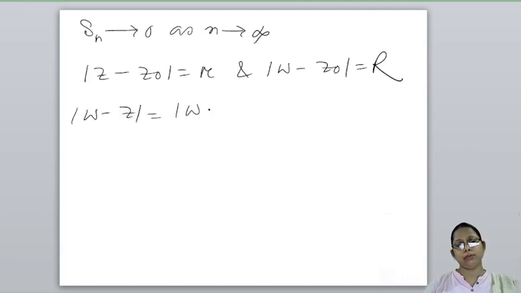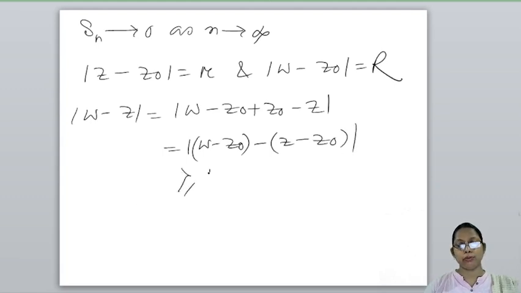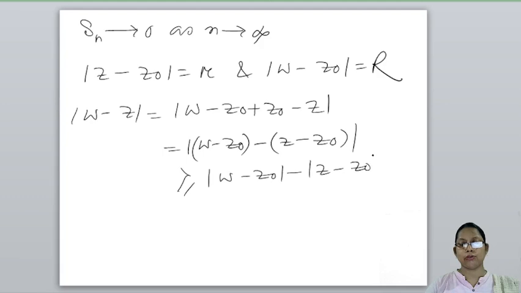This can be written as modulus of w minus z naught, adding and subtracting the same quantity, minus (z minus z naught). So using the properties of modulus, that is modulus of w minus z naught minus modulus of z minus z naught, this is greater than or equal to capital R minus small r.